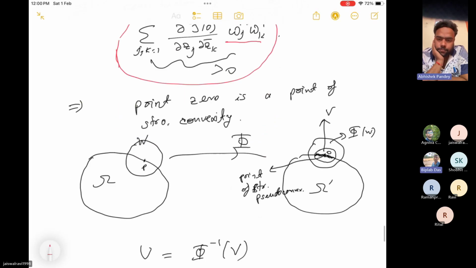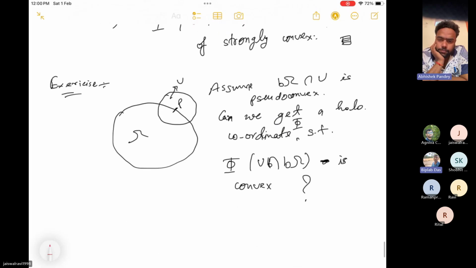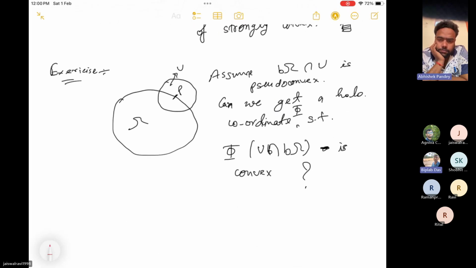When we convert this to the real Hessian, then something might happen. If we try the same proof and see that the complex tangent space behaves nicely under this biholomorphism phi, then it may be true. Otherwise, we can find some counterexample. I think it is false even in one dimension.